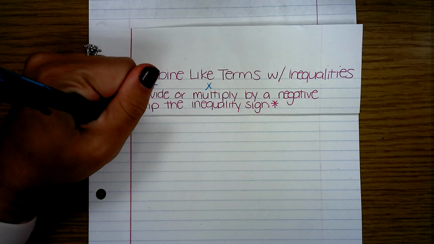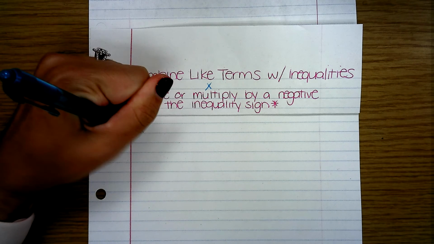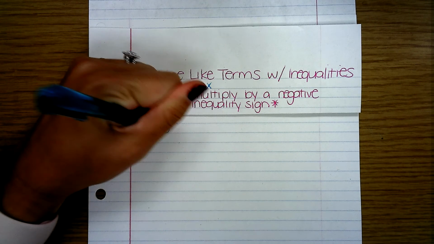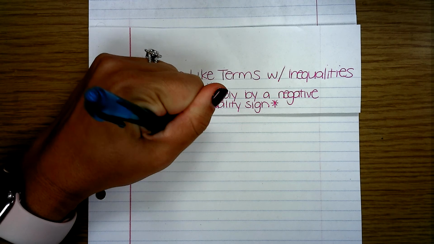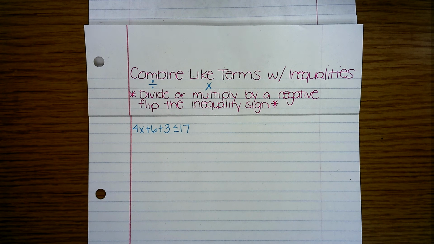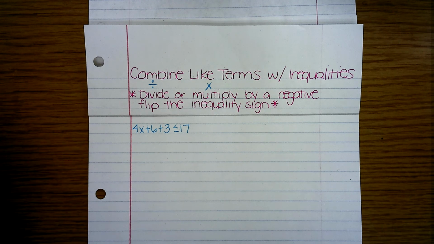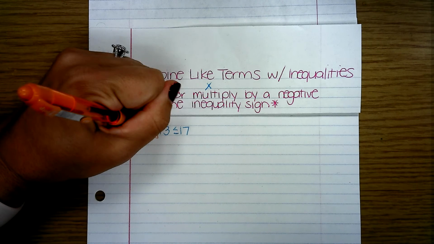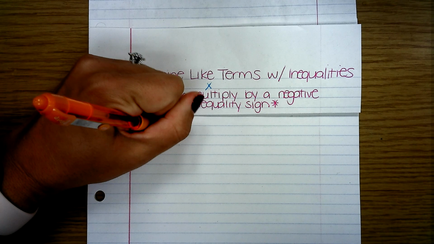Our first example, we have 4x plus 6 plus 3 is less than or equal to 17. So looking at this left side of my inequality, I realize I have two constant terms here of a positive 6 and a positive 3.